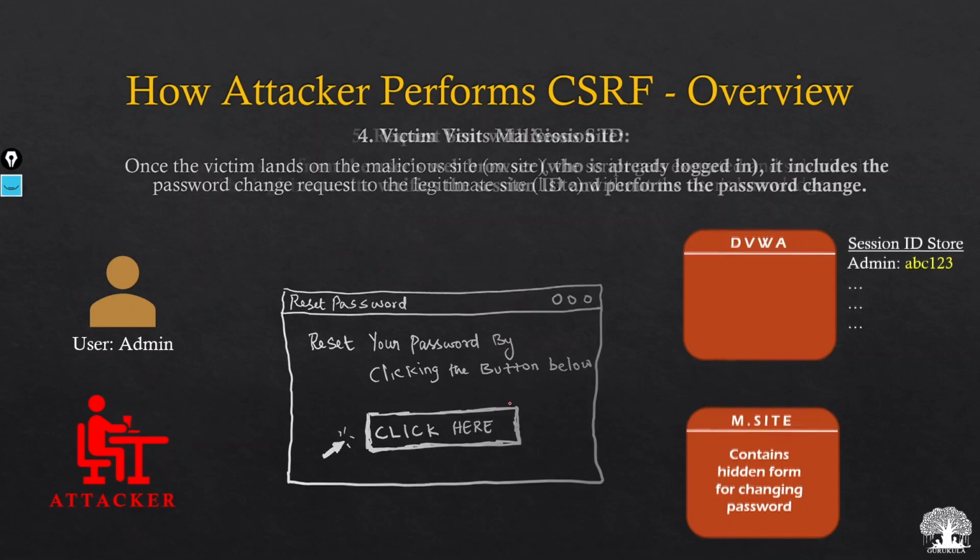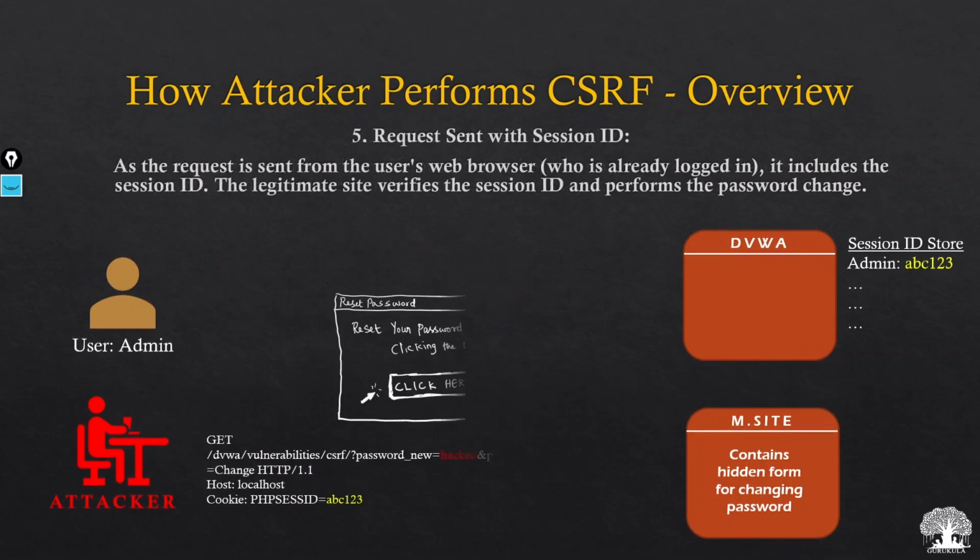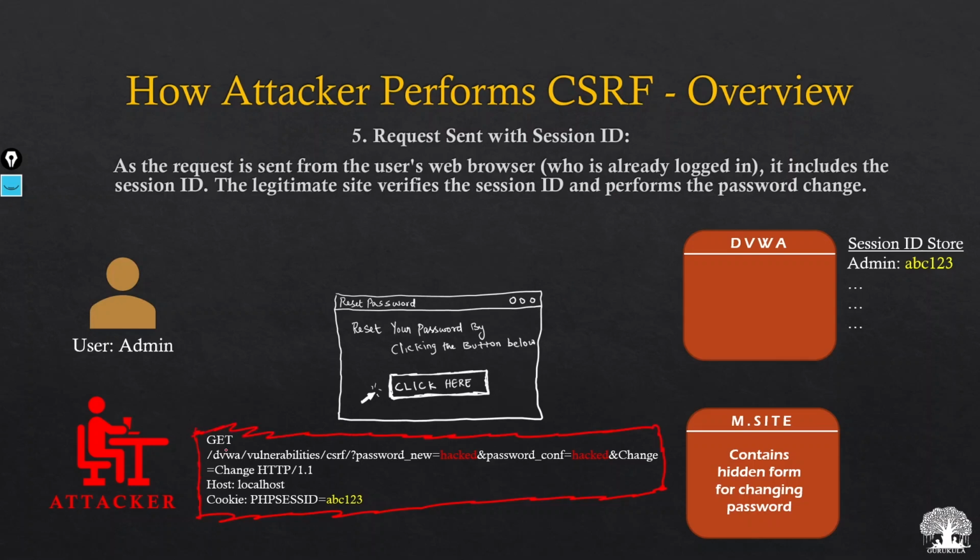As soon as he clicks on this link, the request is sent along with the session ID. It is a malicious password reset request using the HTTP GET method, directing him to the actual DVWA website.